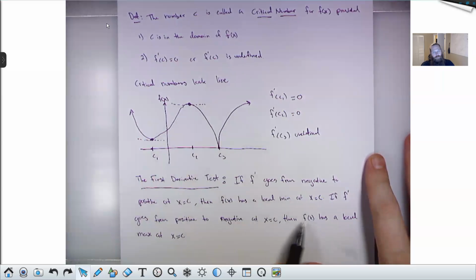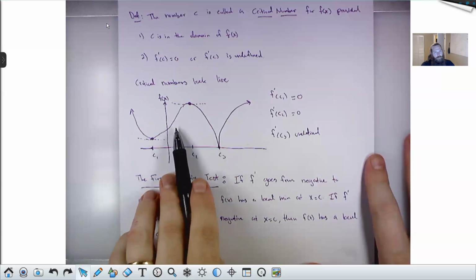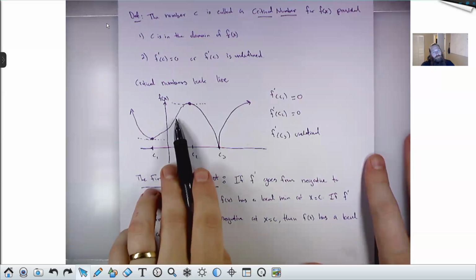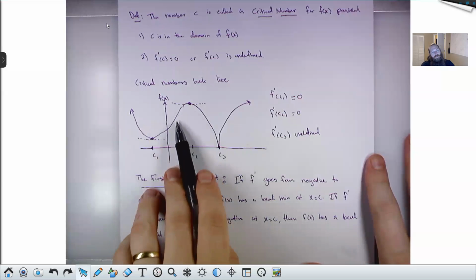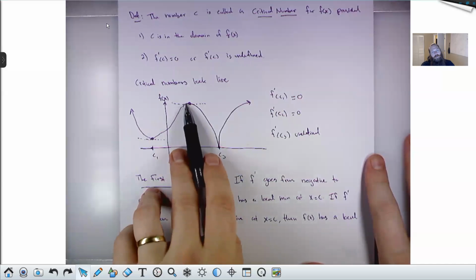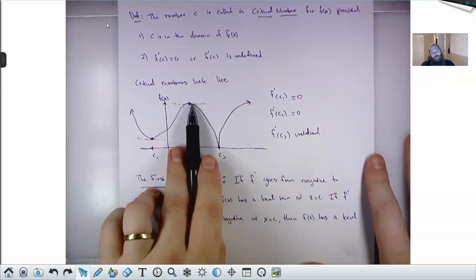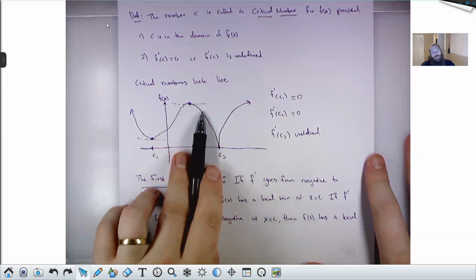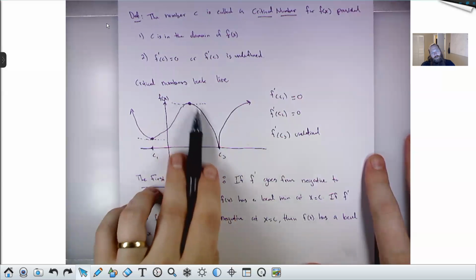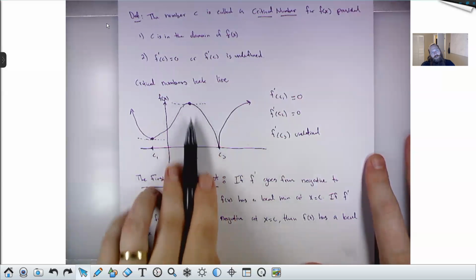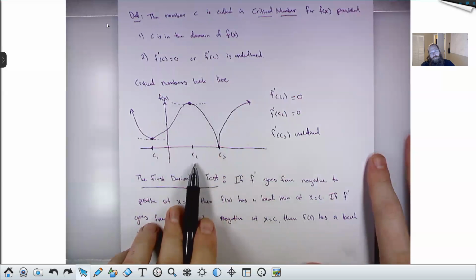And that lines up with what the first derivative test tells us again, that if f prime goes from positive to negative at x equals c, then f has a local max at x equals c. Where f is increasing, I know f prime is positive. And then we turn around and f is decreasing, so f prime is negative. So f prime went from positive to negative, and the original function f rolled through a local max.